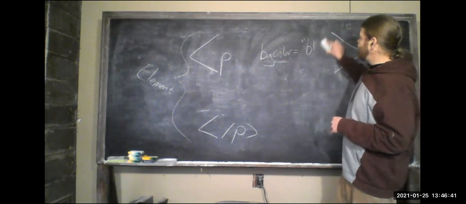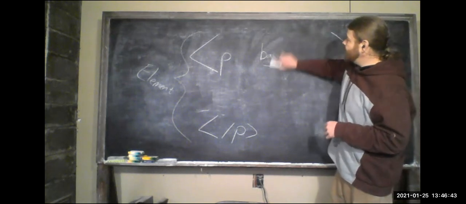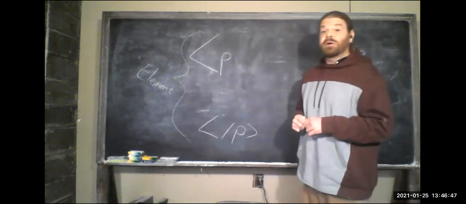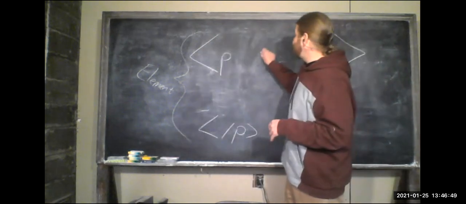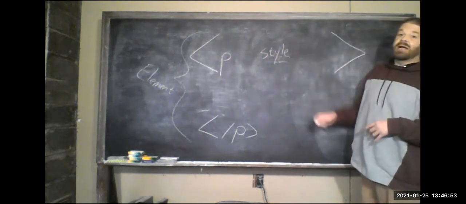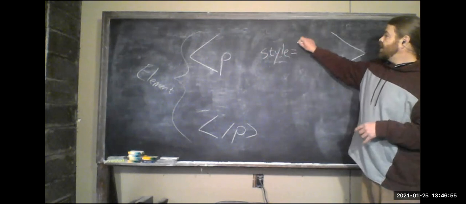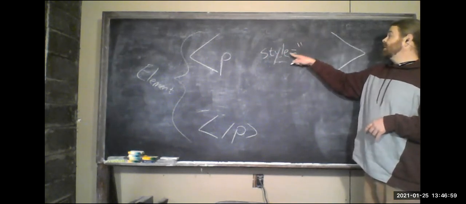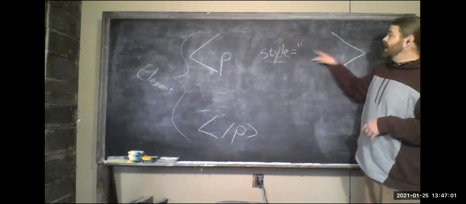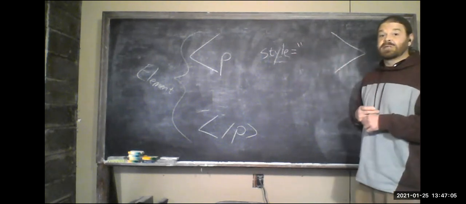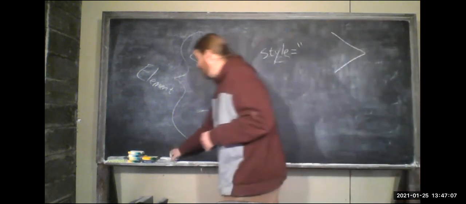We don't really style them much anymore. If we're going to do styling there, we do have a style attribute. We actually put in an attribute called style equals, or assignment. We're going to assign the style, and then we put CSS code inside of quotation marks for the value to pass in for that.